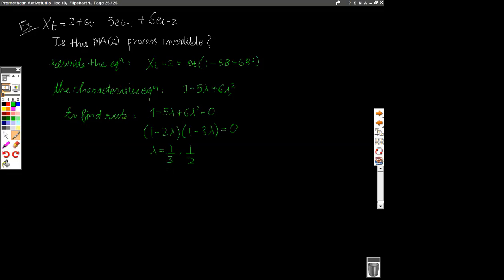It's invertible. And why do you think it is invertible? Because the roots are strictly less than 1. The roots are strictly less than 1. Okay, good. And what about others? Yes, it is.